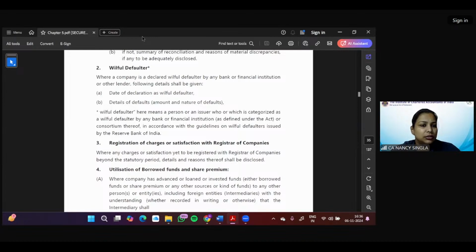Send in your replies. So the bank categorizes the company as willful defaulter. Swati, correct. Komalpreet Singh, who has the ability but does not pay. Correct. Voluntary declaration is required. Correct.